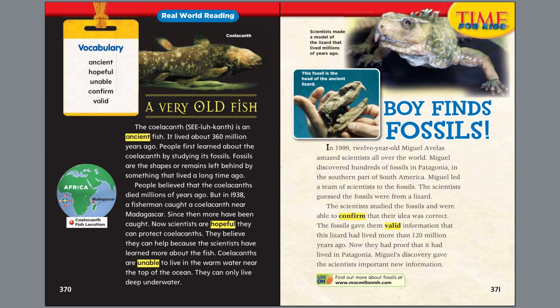Because if they didn't find the fossil, but they guessed in some other way that a lizard like this might have lived long ago, they still wouldn't be able to see if it really did exist, how many years it was since now. But now that they have the fossil, they can use some mathematical methods to find out how long it has been.